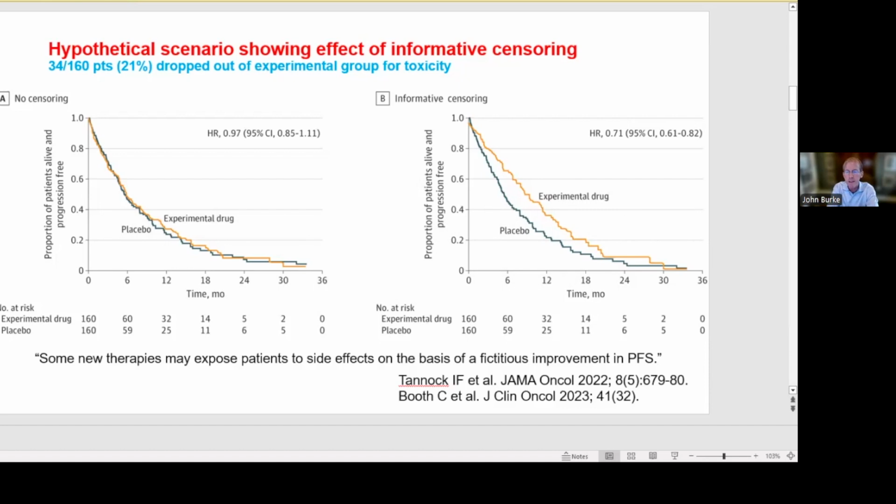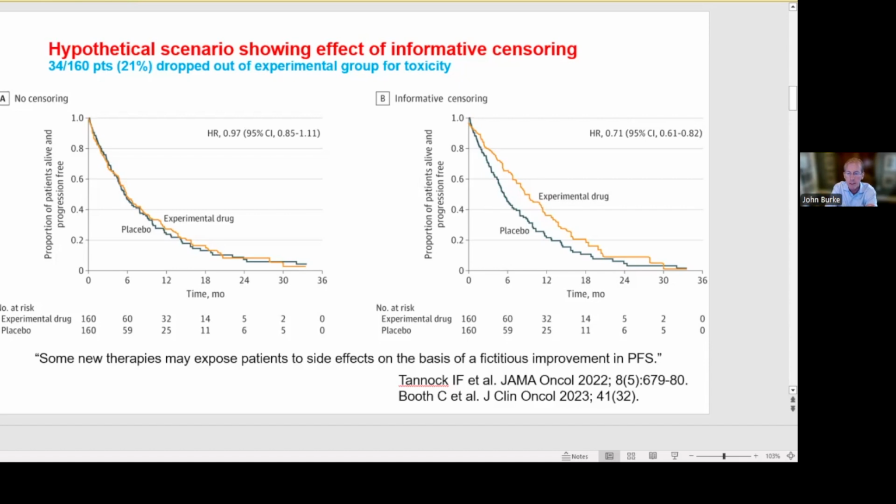Well, the reason is that the patients who drop off of the trial before they get to a response assessment get censored, so they're not included in this analysis. And so you've then excluded the patients who have done poorly. The analysis then becomes not by intent to treat. That is, you're not analyzing all the patients that enrolled on the trial at the start.